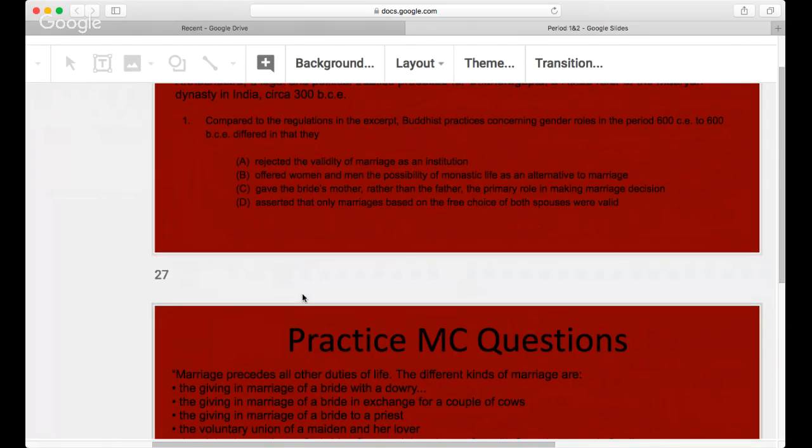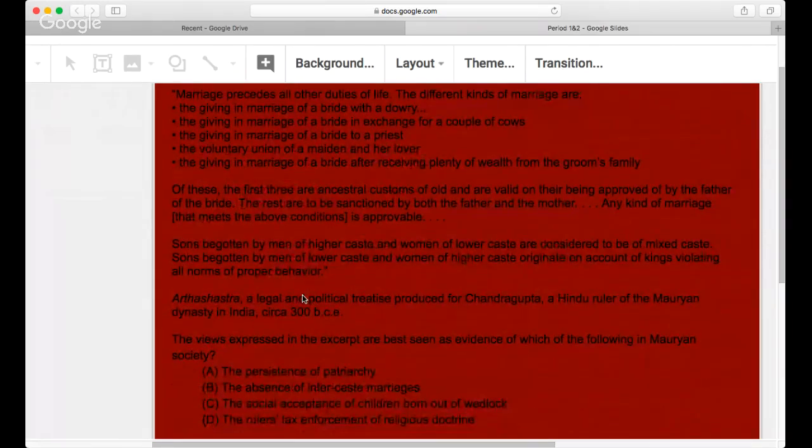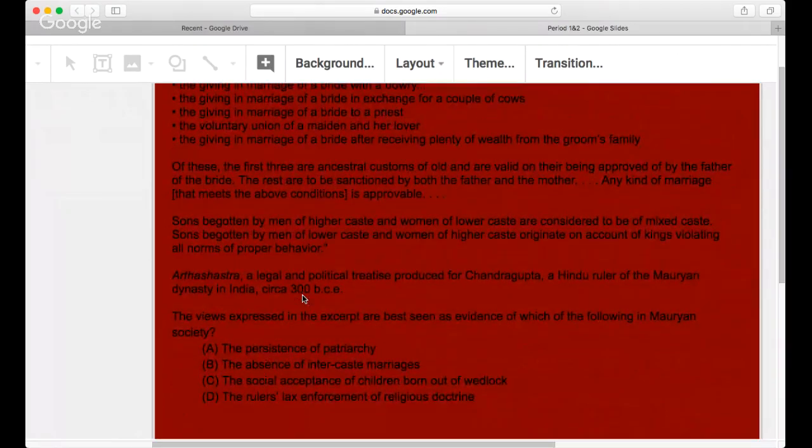Okay, next question. So you've got that same reading again. I'm going to leave it like this so that you can see it a little bit better, since we just kind of read this top part together. But I want you to take 1 minute again to go through this question and try to come up with your answer.